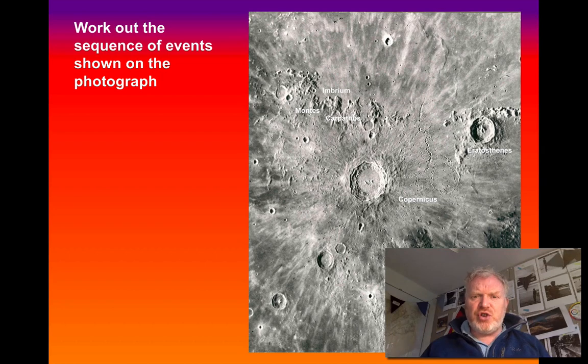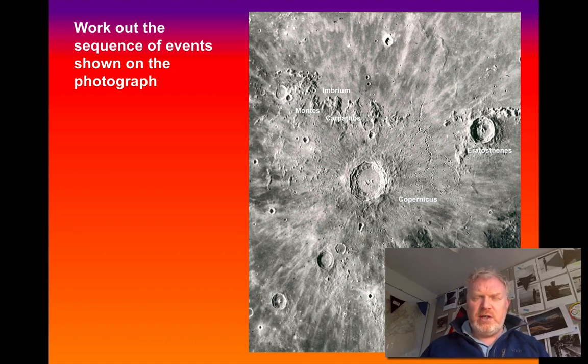Okay, let's try and put all this together. If we look at the image of this part of the lunar surface, there are 5 different key features on here. They're listed as part of question E on page 11. What I'd like you to do is to see if you can work out some of the geology of the moon.